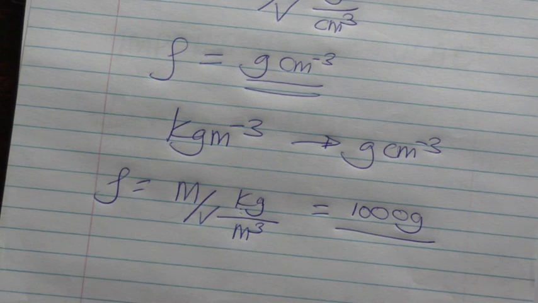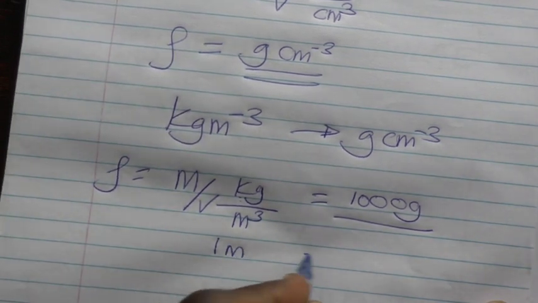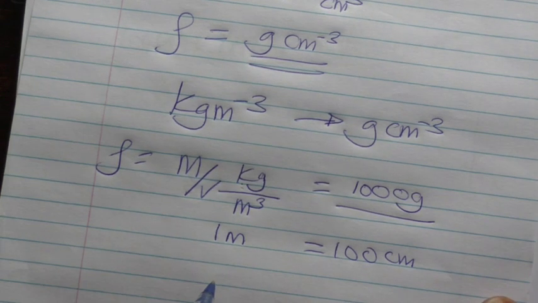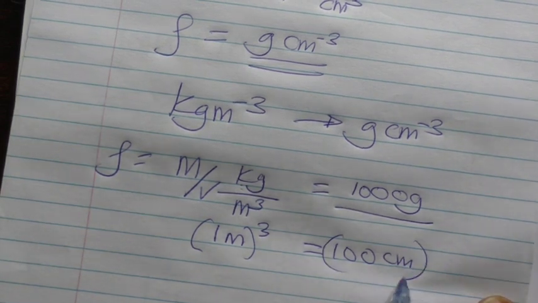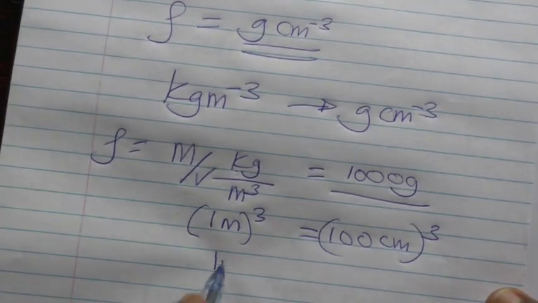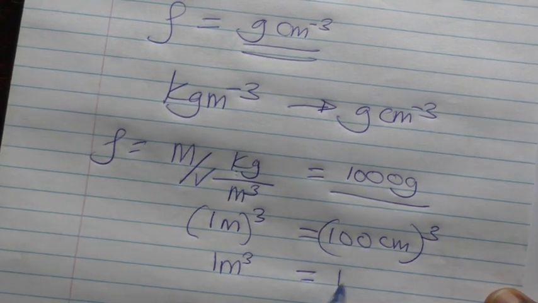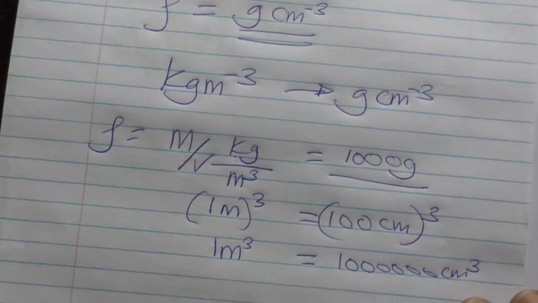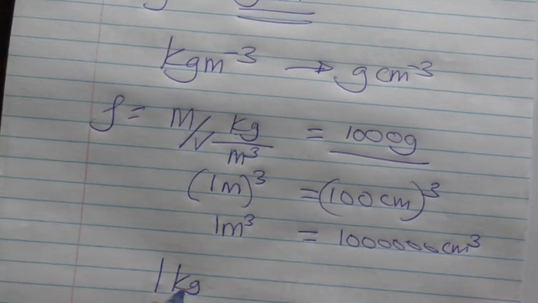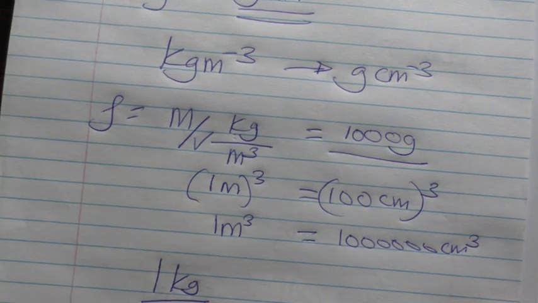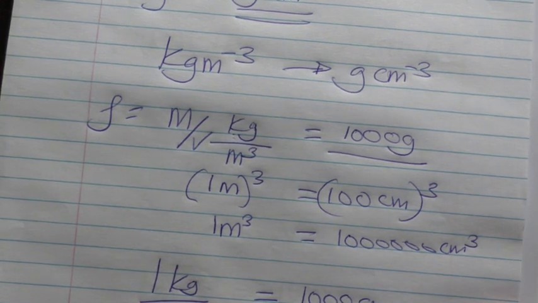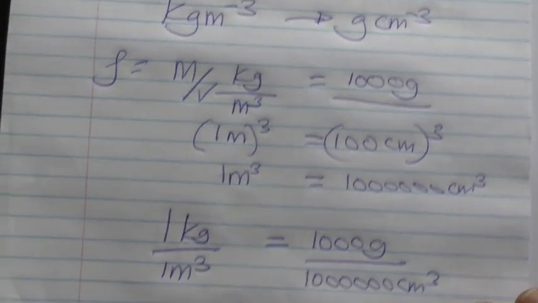How do we come up with 1 million? Remember, 1 meter is equivalent to 100 centimeters. What about the cubed? So when we cube both sides, that's what gives us 1 meter cubed equaling 1 million centimeter cubed. So that will give us 1 kilogram over 1 meter cubed equaling 1,000 grams over 1 million centimeter cubed.